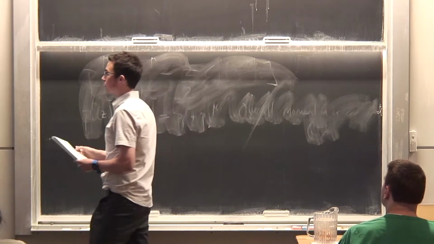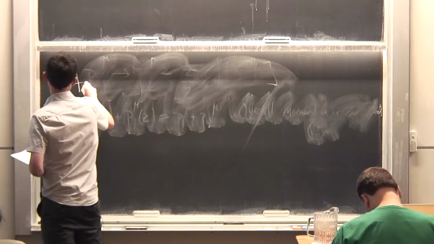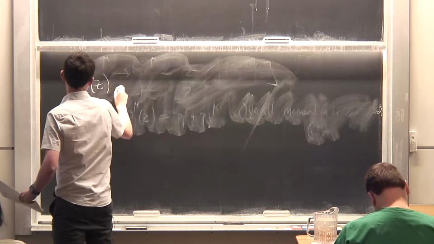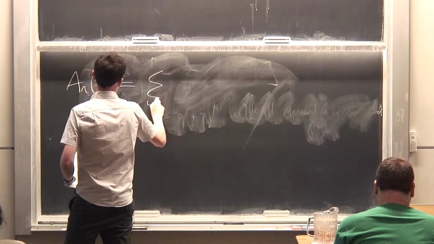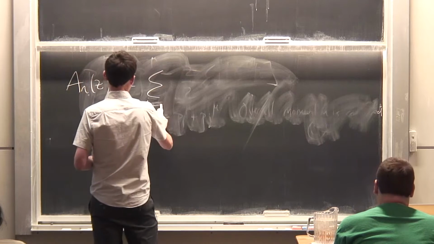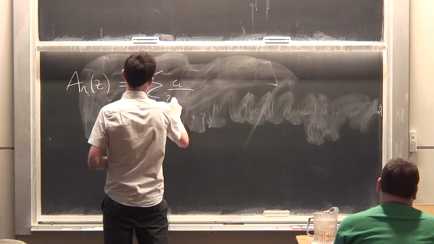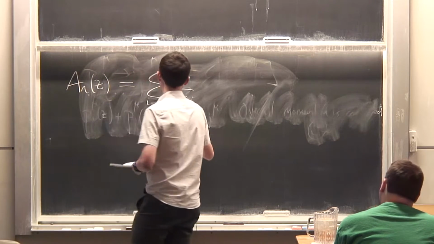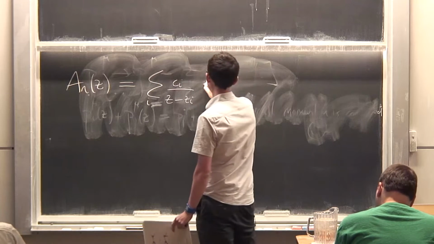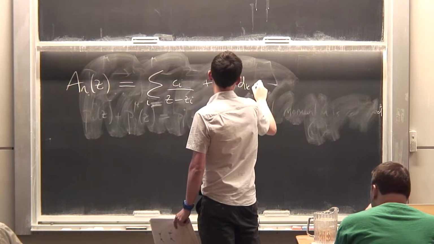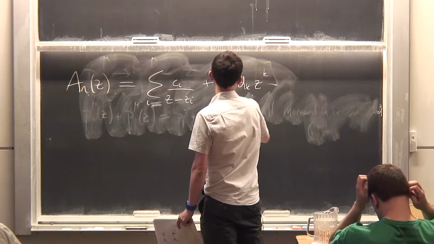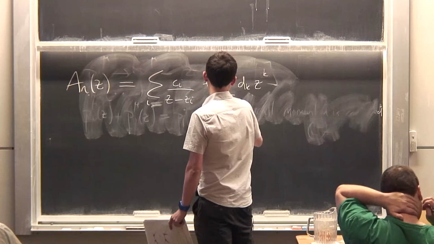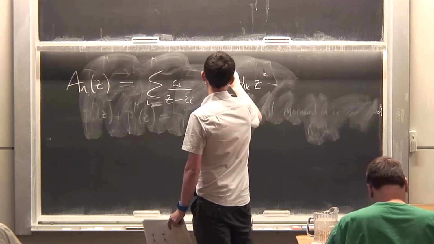All right, so now we want to write our A_n of z completely generically. So we're going to go for some Laurent series. So we know there's a whole bunch of simple poles, and then there's going to be some finite bits, which I can write as some series in z, k equal to 0 to m.